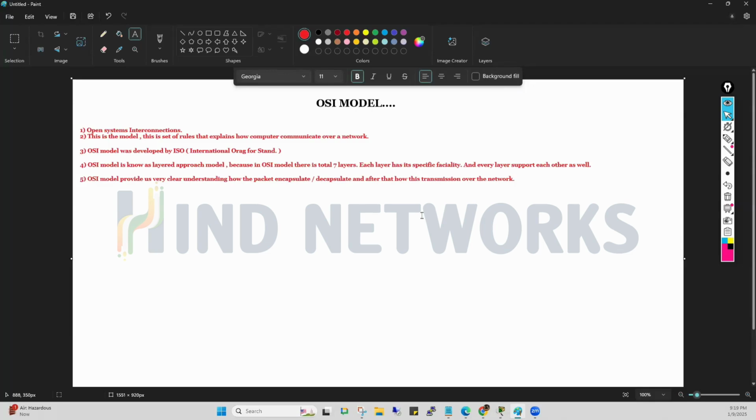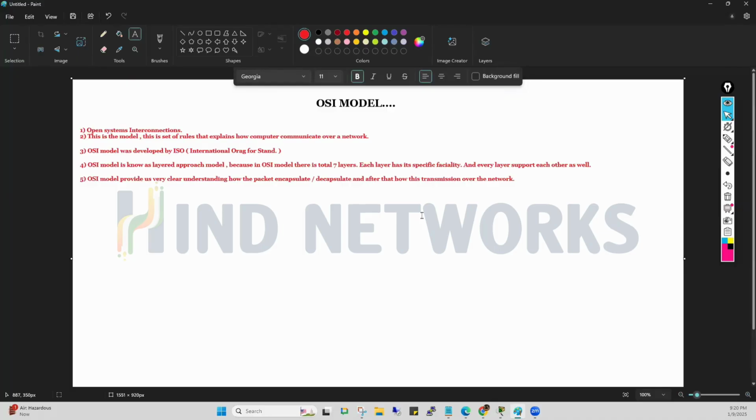Fine. So again, I'm telling you, OSI stands for Open System Interconnection. The point number two is that this model is a set of rules that explain how computers can communicate over the network.